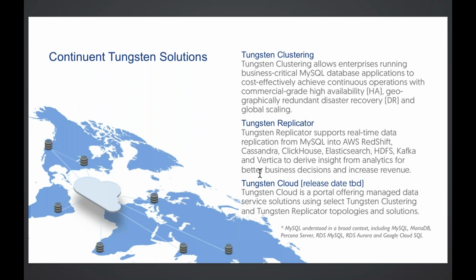But for today, Tungsten Clustering gives you all of the high availability. It works whether you're on premise, whether you're in a cloud. It works across clouds. It works between data centers and clouds. I could hook it up between Azure, Google, Amazon, and your local physical data center.